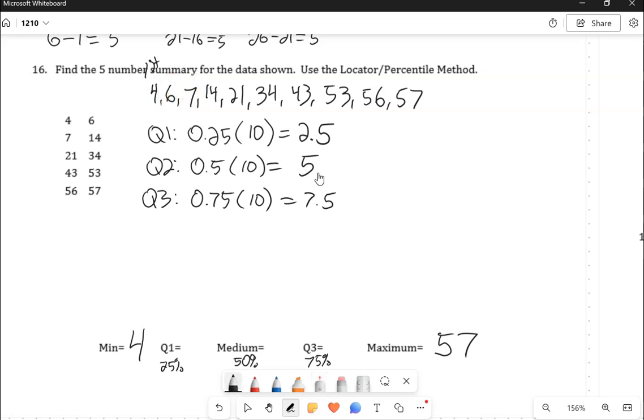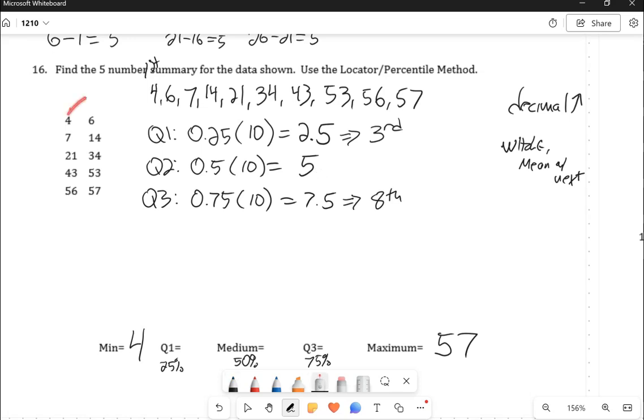So the rule of these percentile locators is if it's a decimal, go up to the next one. If it's a whole number, mean with the next one. So for the 2.5th, that tells us to go to the third. The 7.5 tells us to go to the 8th. So if it's a decimal, we go to the next higher whole number.